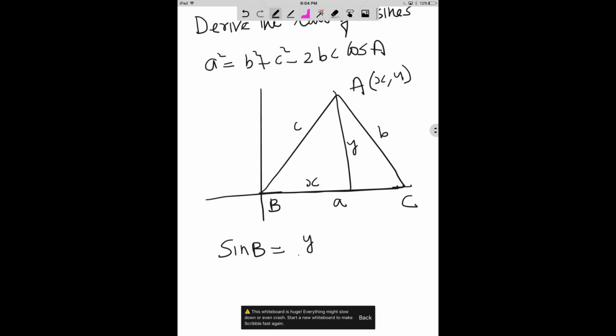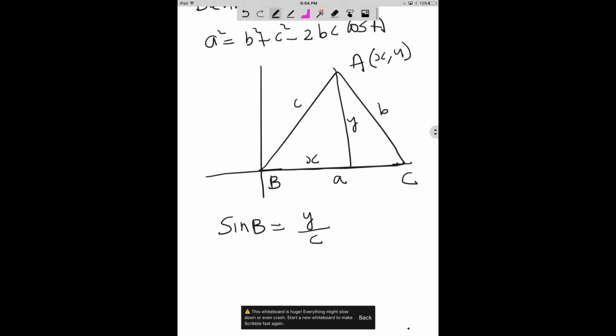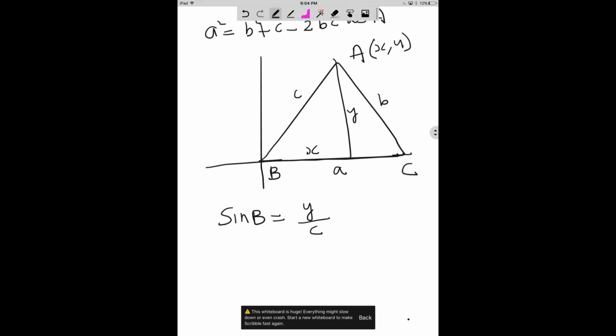And say a, b, c are the sides of the triangle. Small a is the side opposite capital A, small b is opposite capital B, and small c is opposite capital C. So sine B is equal to opposite side by hypotenuse. Opposite side is y, hypotenuse is c.